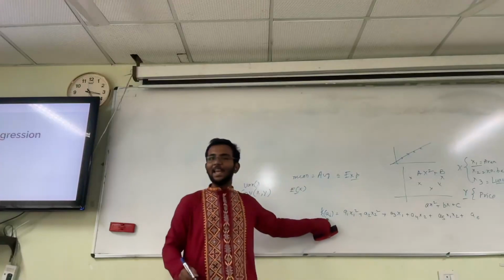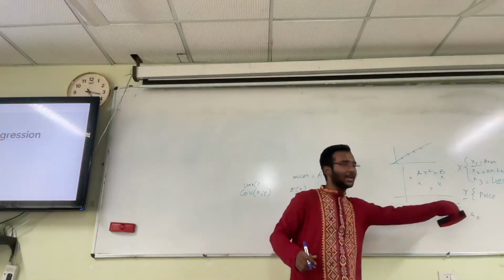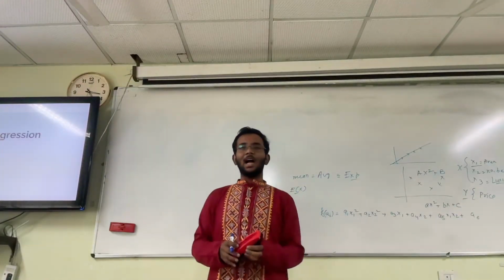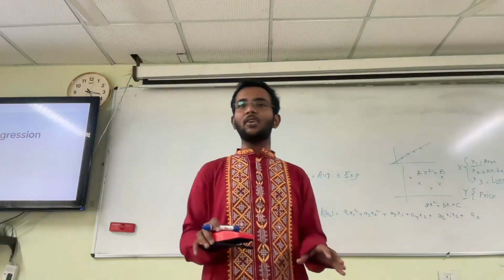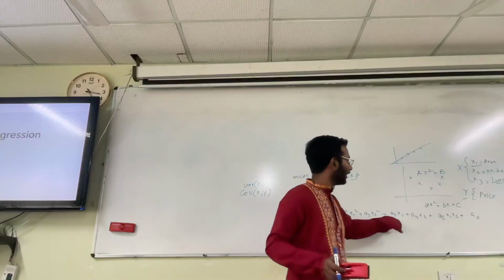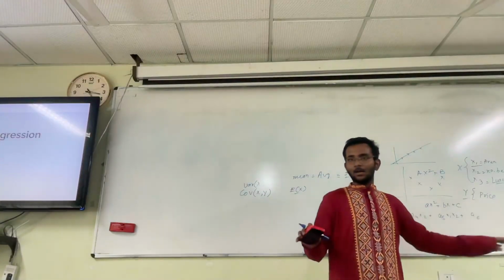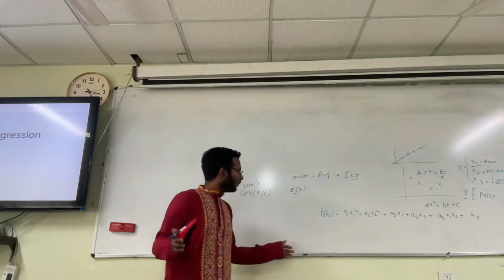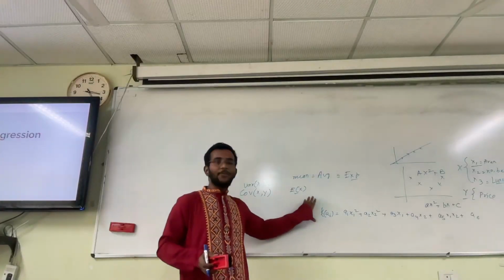I am writing a_i because all these 1, 2, 3, 4, 5 are constants that are not yet selected right now. I have put random numbers in the place of a1, a2, a3, a4, a5 and a6. Fine. So after this I have to fit this function.